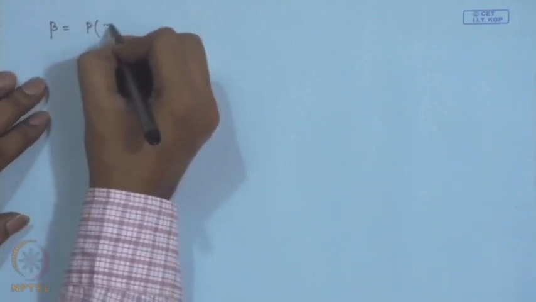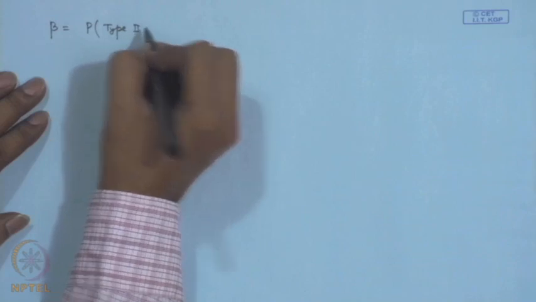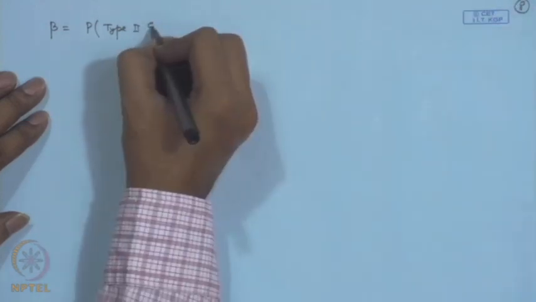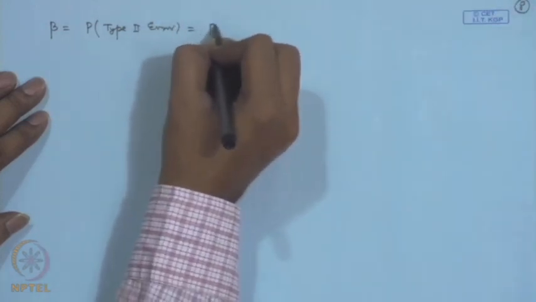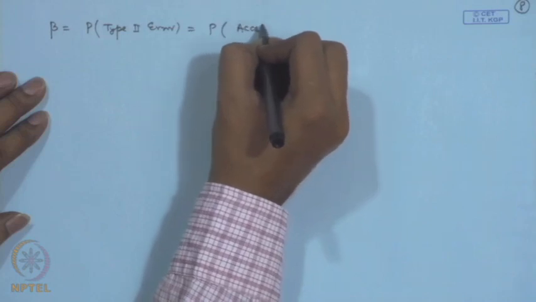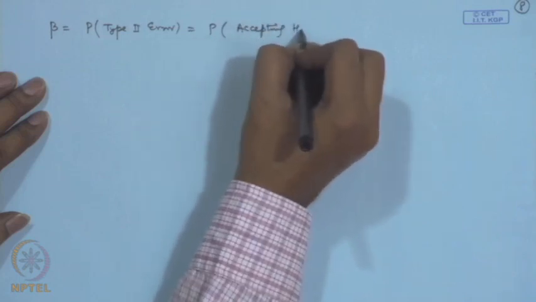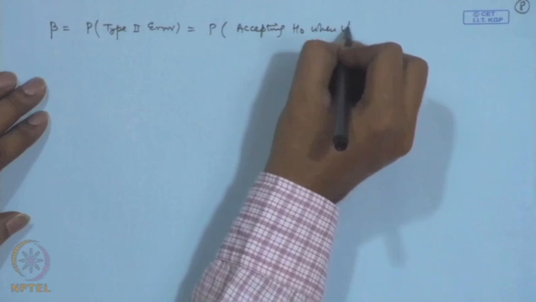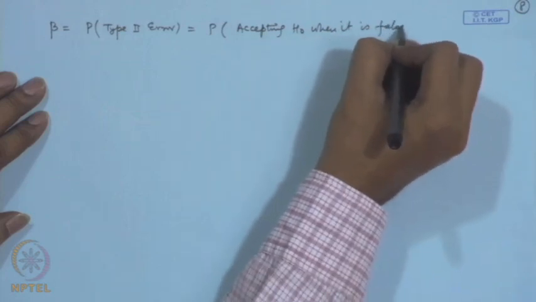Beta is the probability of type 2 error, that is, the probability of accepting H naught when it is false.